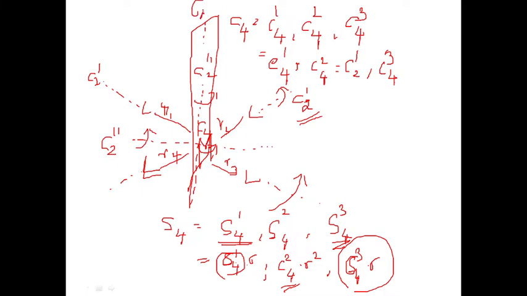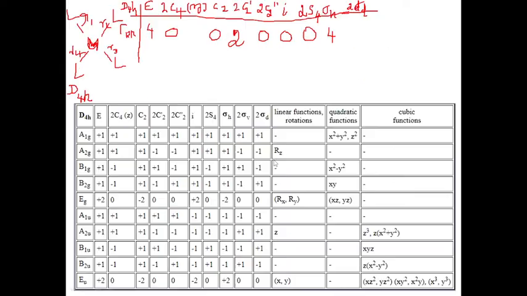Why? Because sigma d is a dihedral plane which cuts the two consecutive C2 axis. So it is cutting C2 prime. So it is a sigma d. So on doing sigma d, how many bonds are unaltered? If you are going to do sigma d, then all the bonds will be altered only. So number of unshifted atoms is 0.